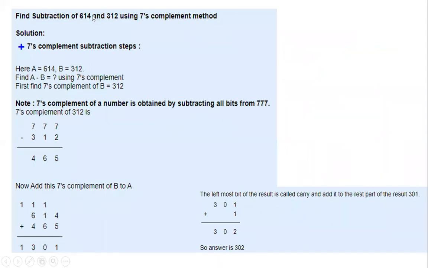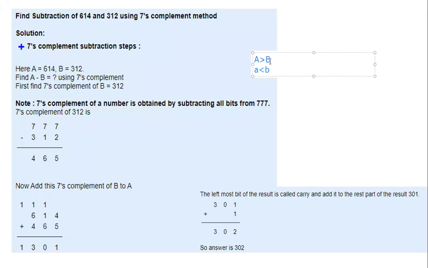Find the subtraction of 614 and 312 using 7's complement. Now you can see 614 is greater than 312. I'm showing two different types of numbers for you. In the first the number is less than the second, a less than b, so we did a less than b first.